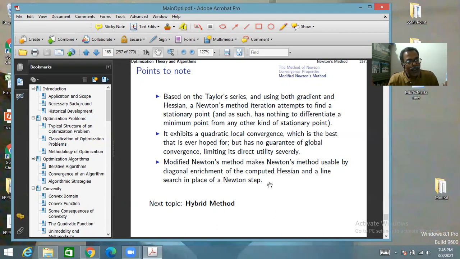The first one, very good at global convergence, poor at local convergence. The second one, very good at local convergence, poor at global convergence. So the two operate at the two extreme ends of the spectrum of optimization methods. And in the next lecture, we consider a hybrid method which will try to get the benefit of both the worlds. Okay, thank you.